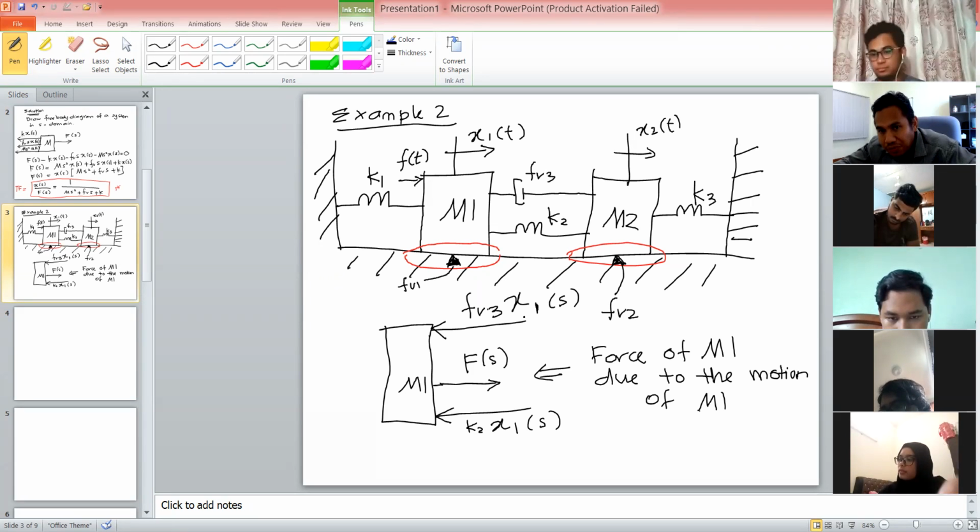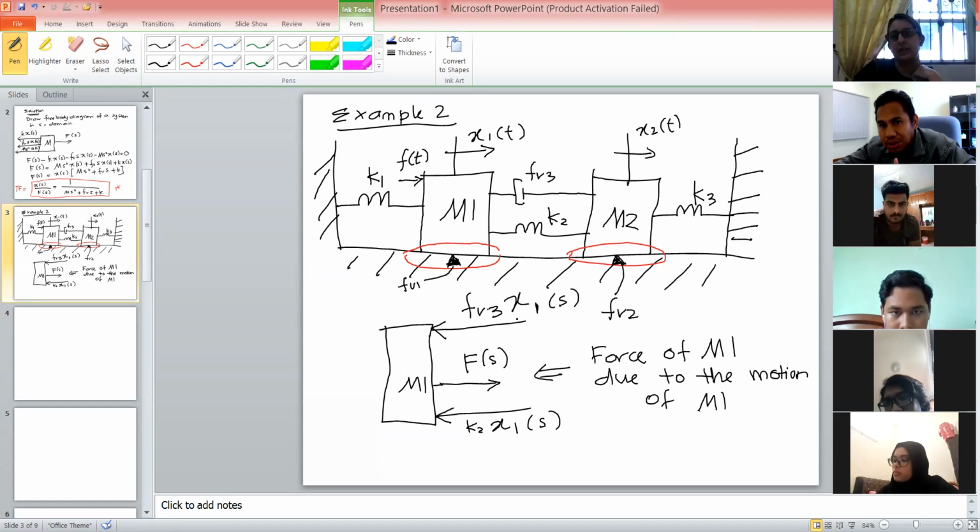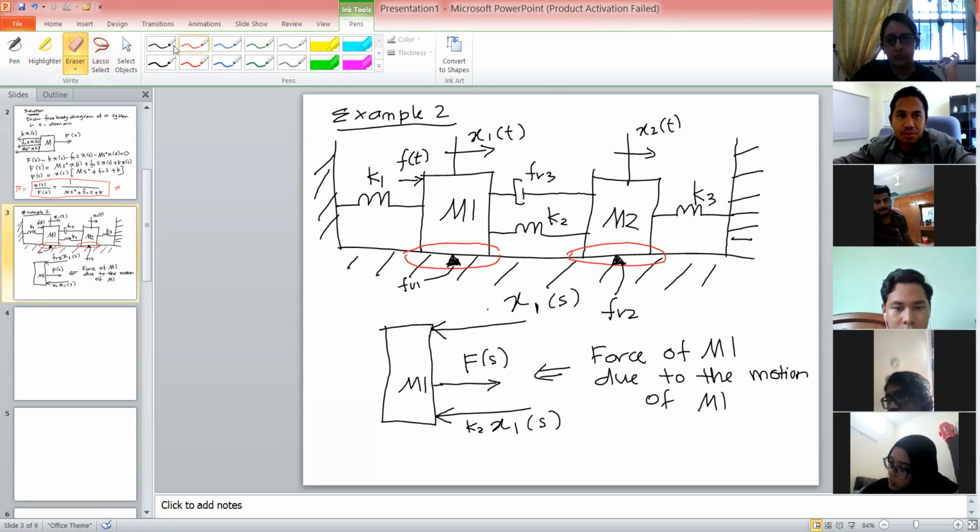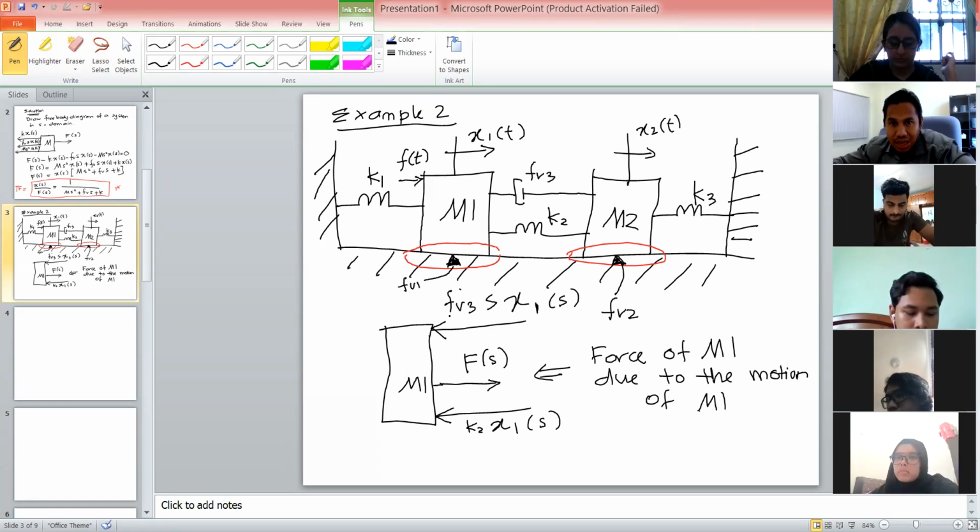I explained previously, if K changes to the s domain, it remains K. But FV3, if we change to the s domain, becomes FV3 times s. Yes, we missed s. So the correct one is FV3 times s times X1s.